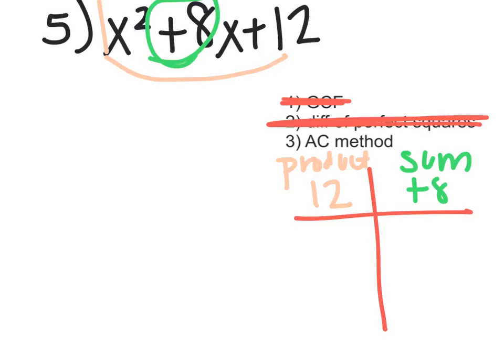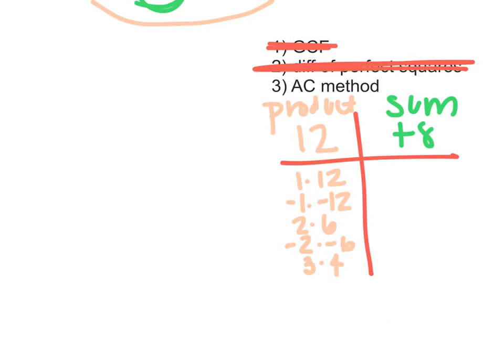If I start thinking of my factors of 12, I have 1 and 12, or negative 1 and negative 12. I also have 2 and 6, or negative 2 and negative 6. I have 3 and 4, or negative 3 and negative 4.